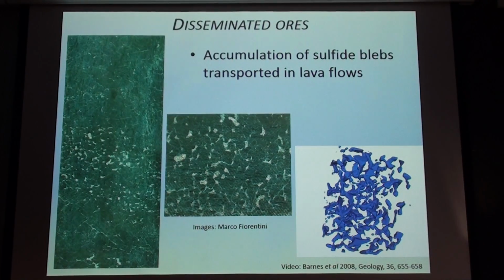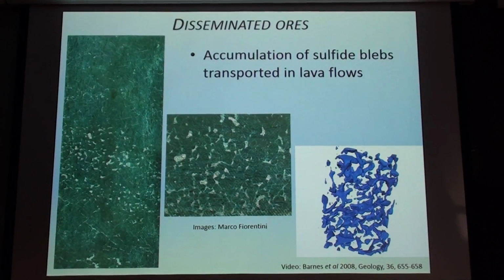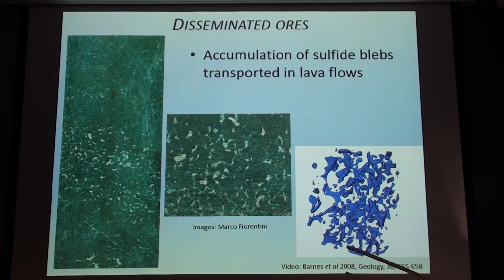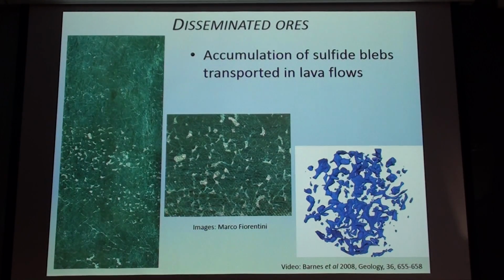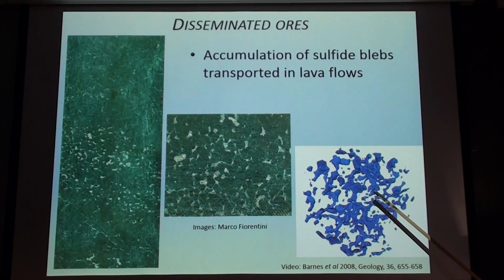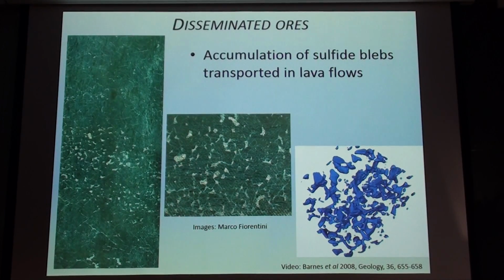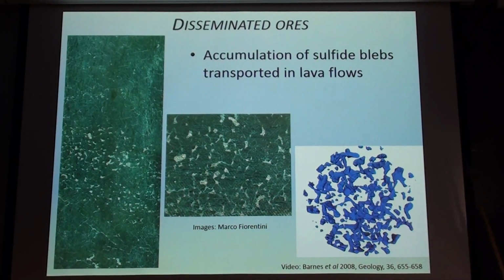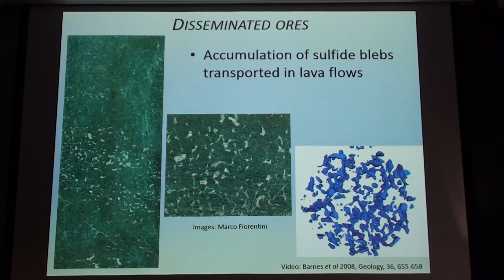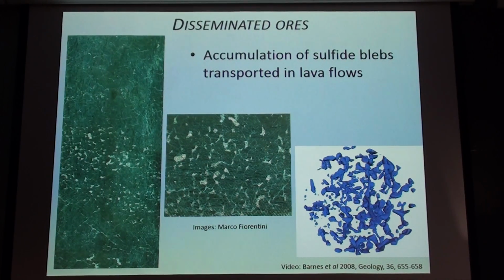And here in the corner is a three-dimensional view of what this would be, with the blue being the sulfide blebs, and the spaces in between being silicate minerals.